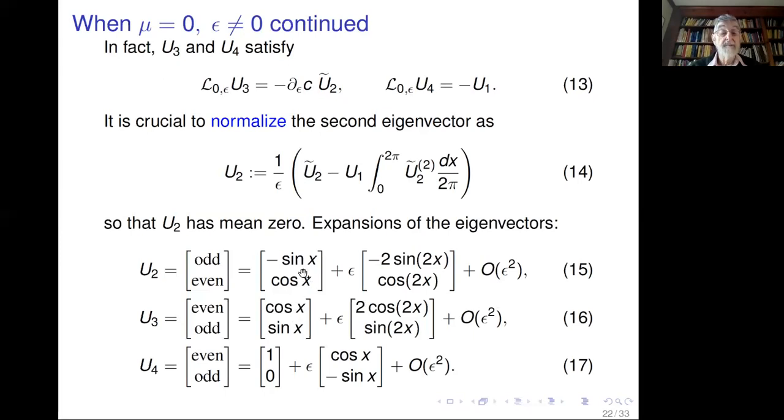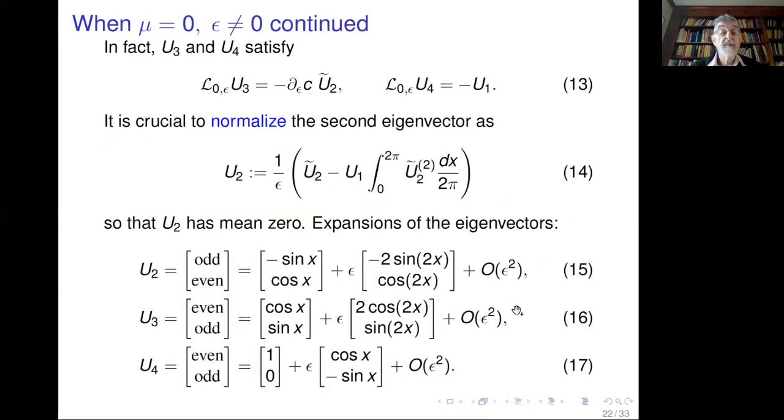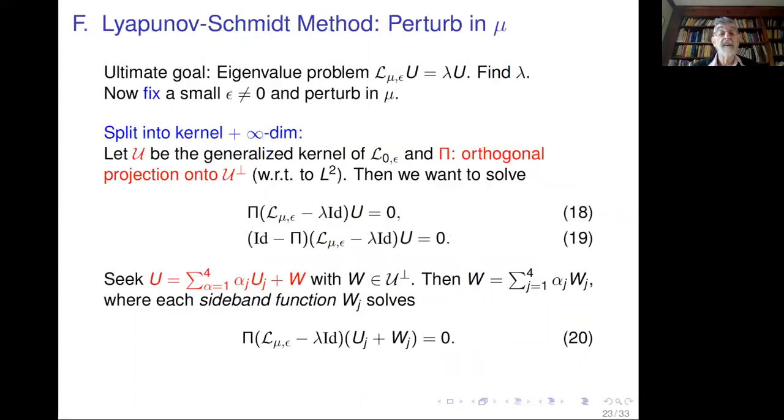These are epsilon terms, and then the error terms. And I don't have U1 here because U1 is this operator 0, 1. It's just that. That's a simple eigenvector. Okay, so you have those capital U's, and we're going to use this null space, these capital U1 to U4 explicitly.